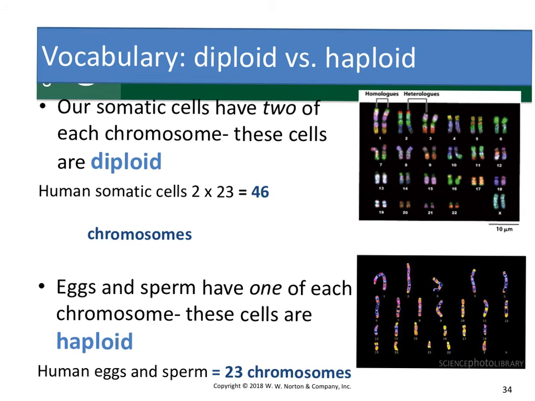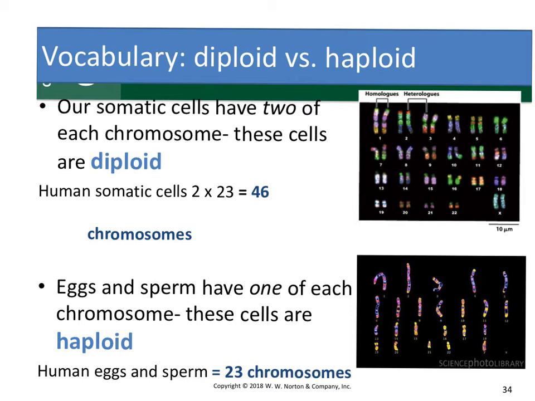So humans, we have 23 pairs of chromosomes, 22 are identical for the somatic cells, and then we have two sex chromosomes, an X and a Y. A female is XX. They get one X from their mom, one X from their dad. A male is XY. They get one X from their mom and a Y from their dad. Now, when eggs and sperm are made during meiosis in the germline cells, the testes or the ovaries, they only have one chromosome instead of two.